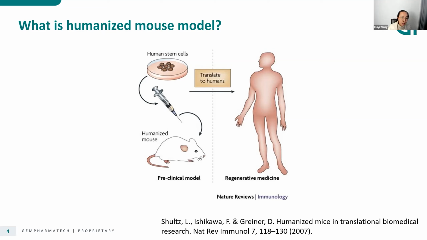We can use these preclinical mouse models to translate to humans and imitate human diseases like cancer and autoimmune diseases.